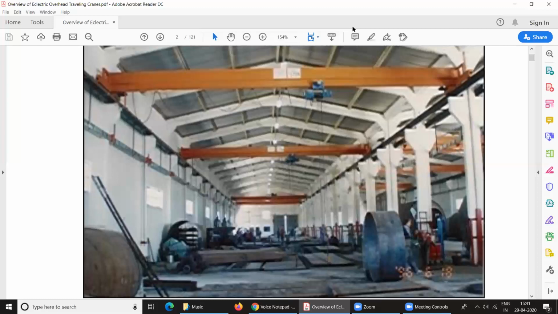Luffing motion is very important to reach loads lying at different distances from a stationary crane. It is to be noted that the capacity of a crane varies at different boom angles, which are indicated by the crane manufacturers.